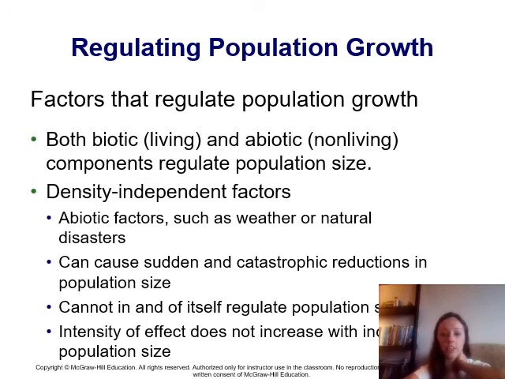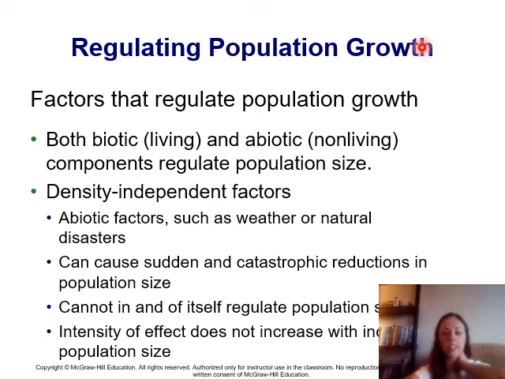There are many factors that influence the size of an animal population, both living and non-living factors. Non-living factors like weather and natural disasters are called density-independent factors. This just means that the size of the animal population does not determine the intensity of that natural disaster. For example, a flood will kill whatever animals it does, regardless of how large that original animal population was.